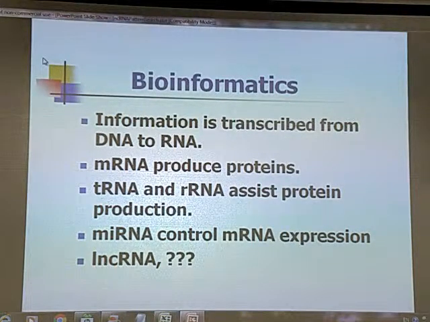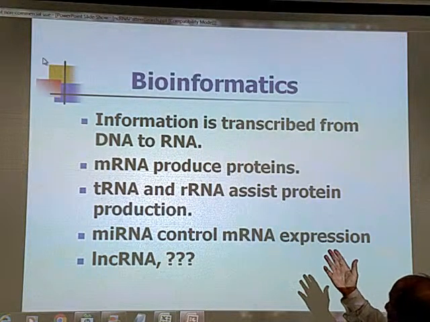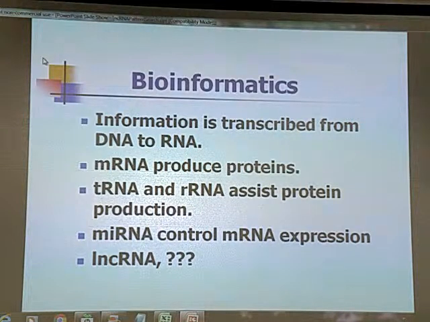Let me just go follow the slide. Basically, all the information is on the DNA, on the genome. The useful information is transcribed from the DNA to RNA. And then RNA, carrying its information, performs various functions in a cell.